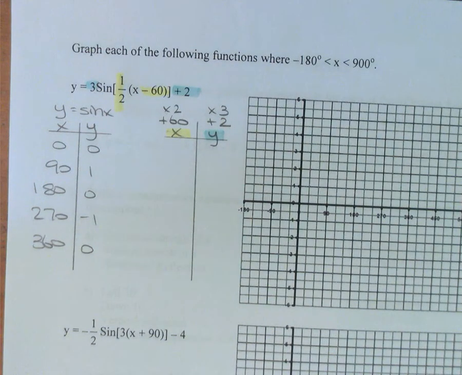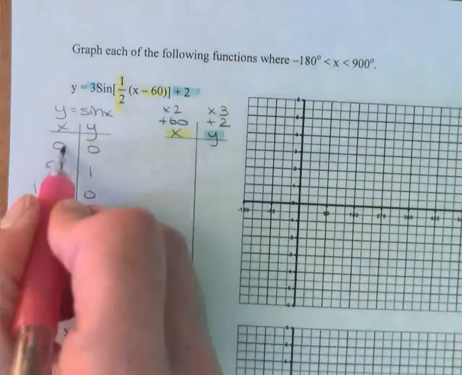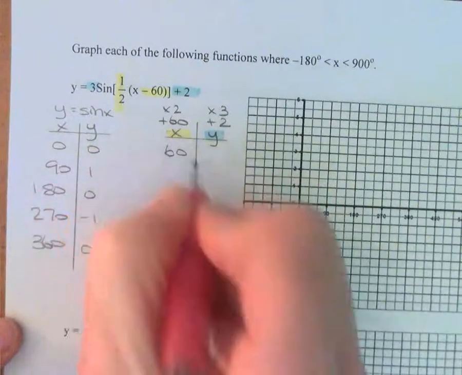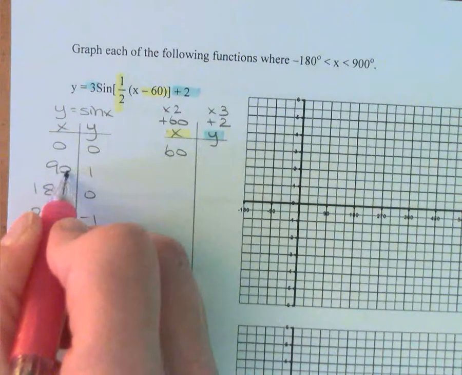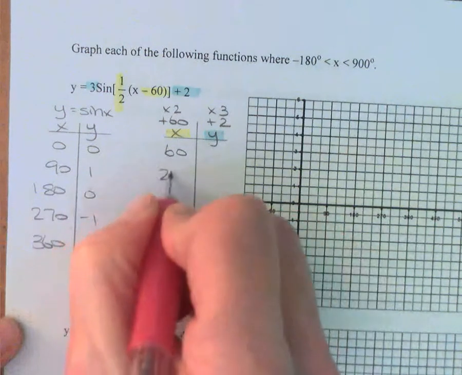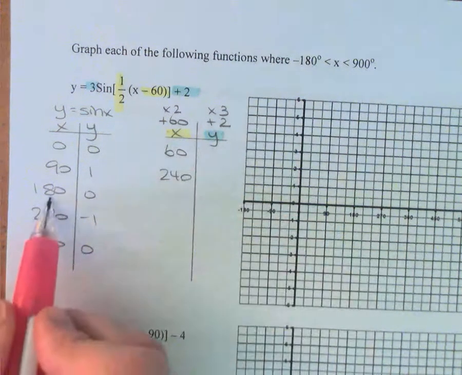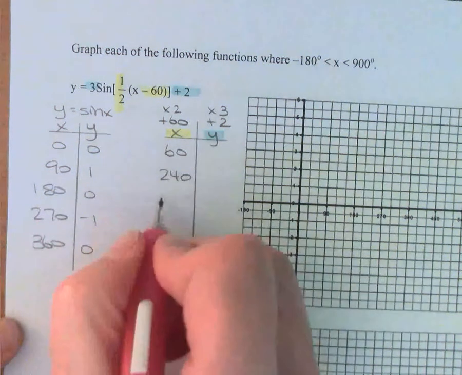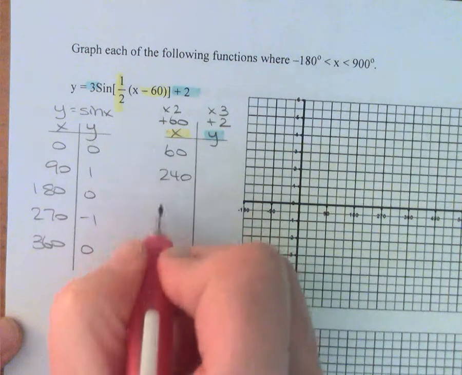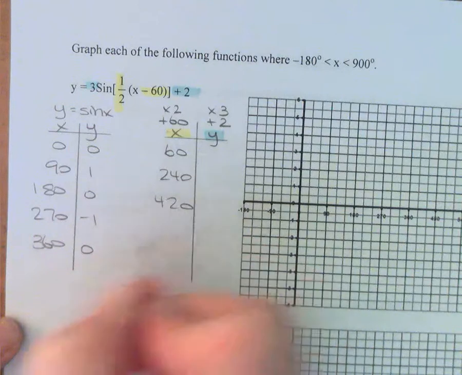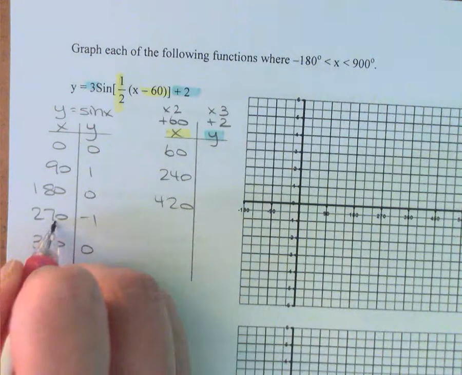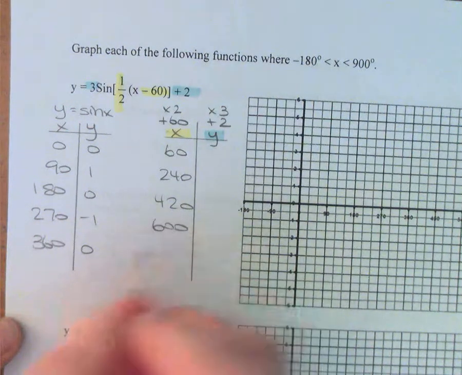So if I do times by 2 and add 60, I get 60. Times by 2 is 180. Add 60. I'm going to get 240. For 180, I'm going to get 360 and add 60. I'm going to get 420. For this one, I'm going to get 600.